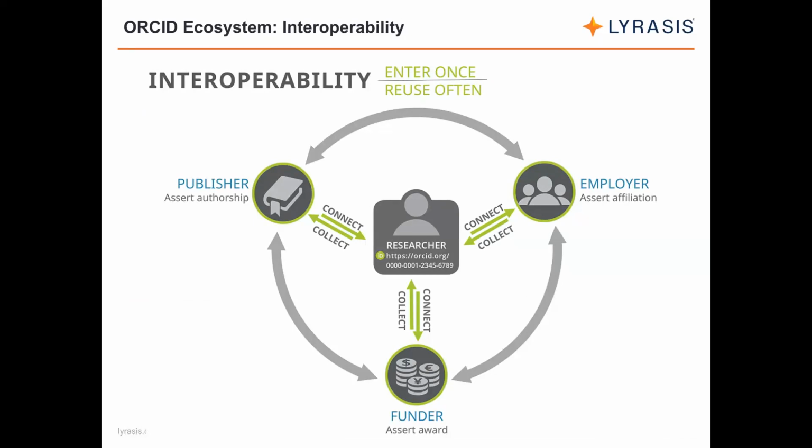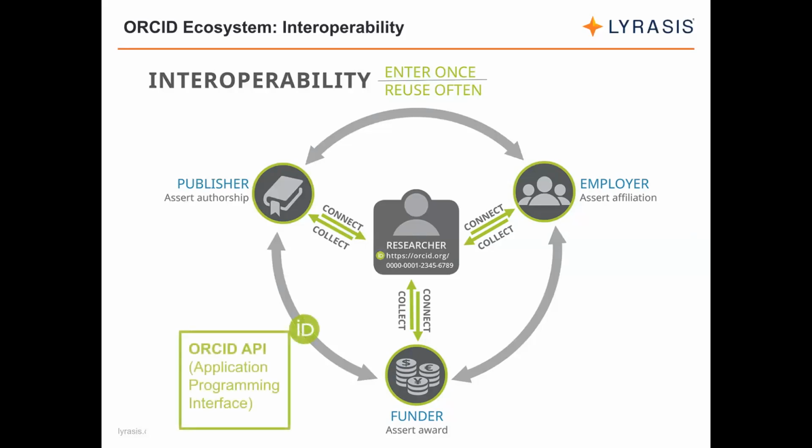Those are the three other primary organization stakeholders that are involved in ORCID. And so they can all connect with their affiliated researchers through ORCID and transfer data more easily between the researcher and the stakeholders, and also between the stakeholders.